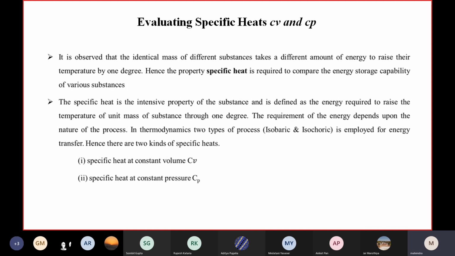However, the specific heat of a certain material will vary based upon whether the process is going on at constant pressure or constant volume.